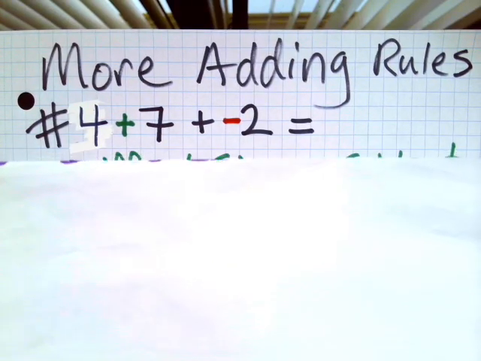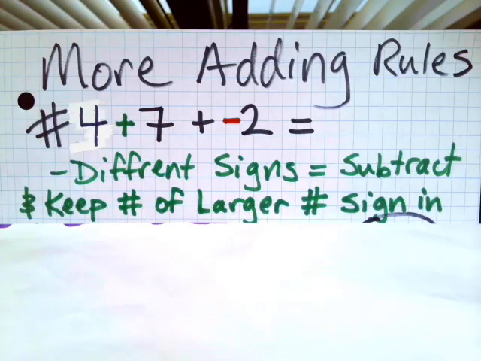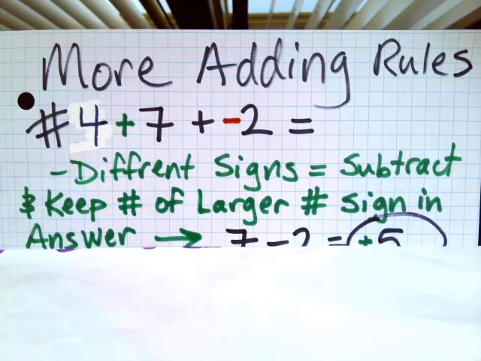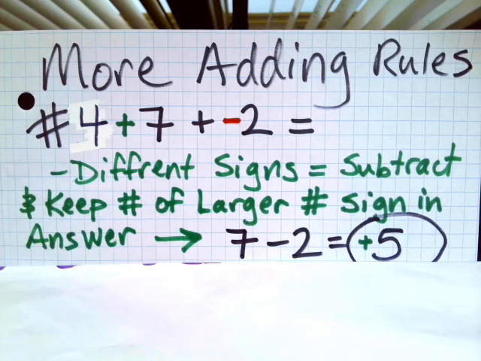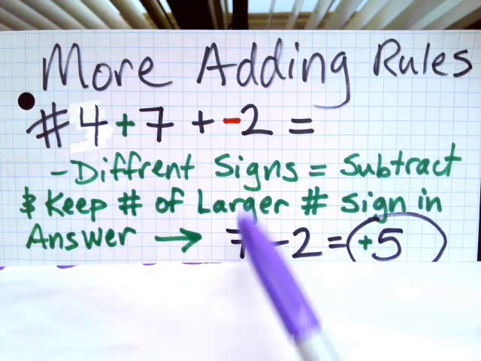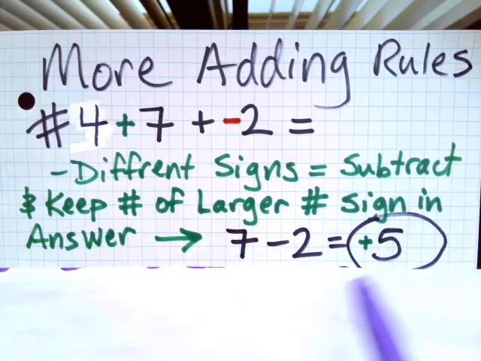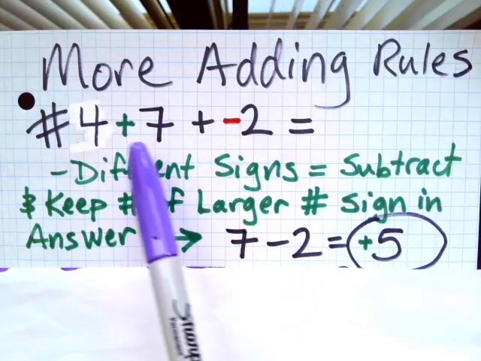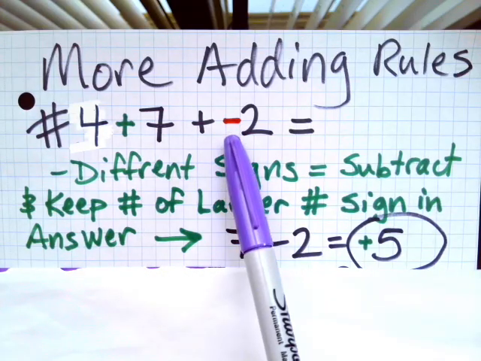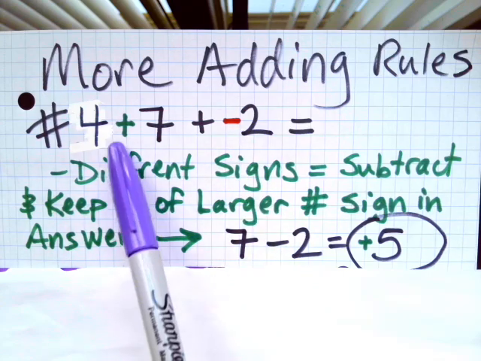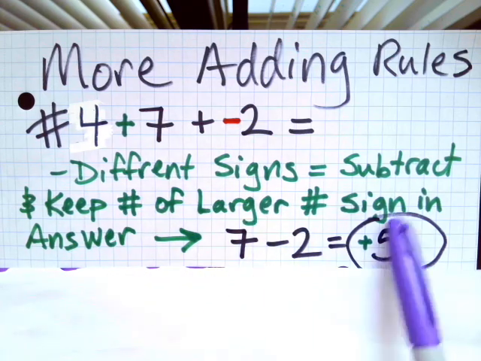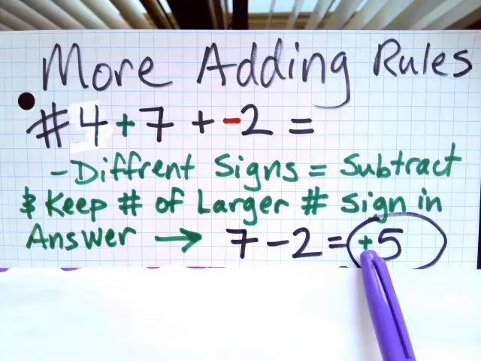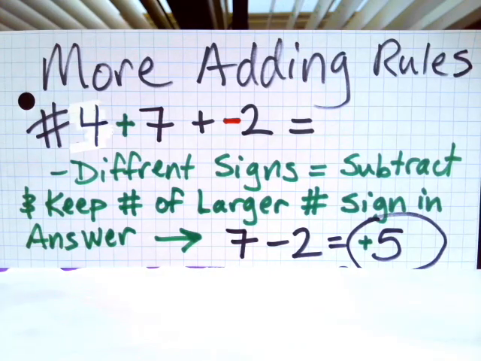The rule is different signs subtract and keep the sign of the larger in your answer. So 7 minus 2 is 5. Do I have more positive values or do I have more negative values? I have 7 positives. I only have 2 negatives. So I have more positives. Keep the sign of the larger. That will be a positive 5.